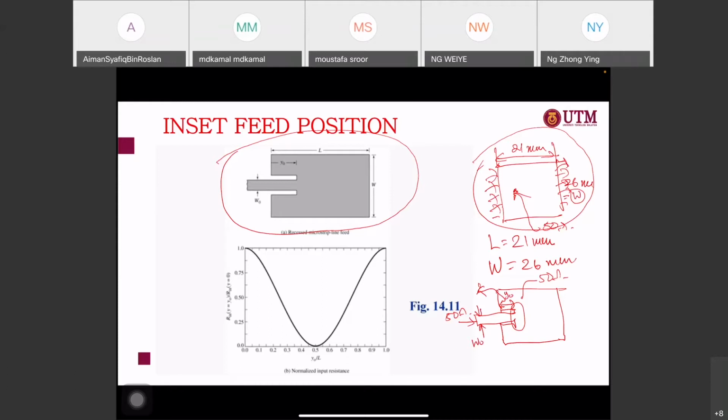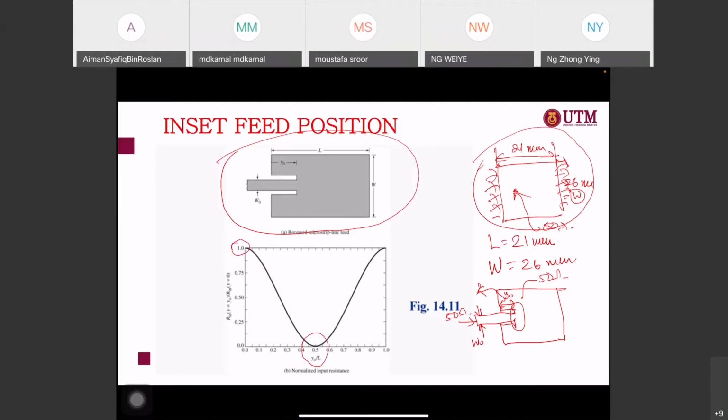This is the graph to show R in at Y equal to Y naught and R in at Y equal to 0. So this is at the edge here. As you can see, this is at the center here, 0.5. This one is Y naught over L. So this graph shows the impedance towards your length.